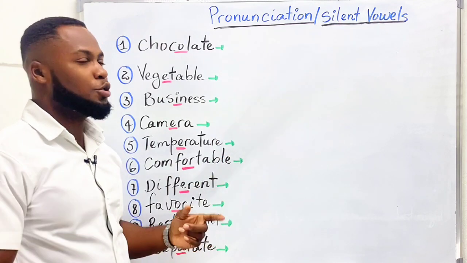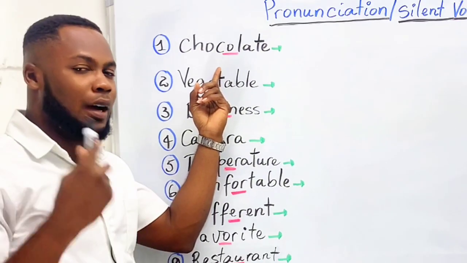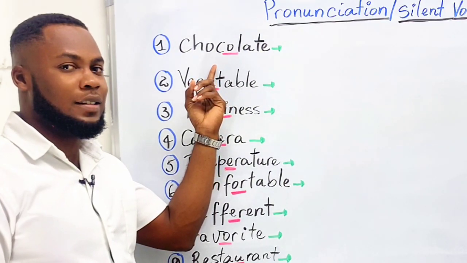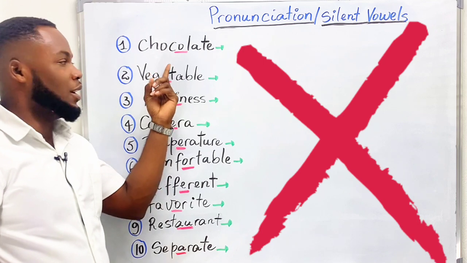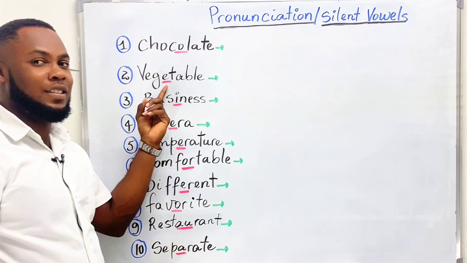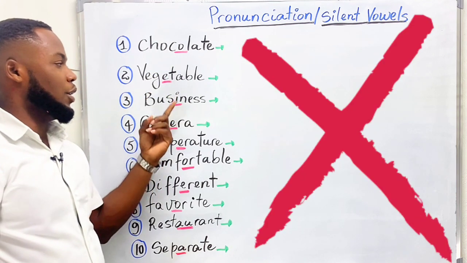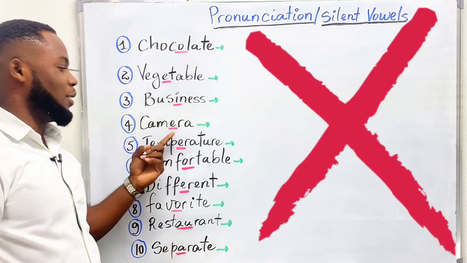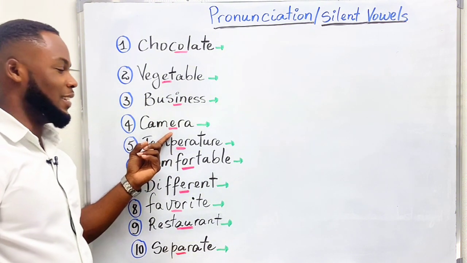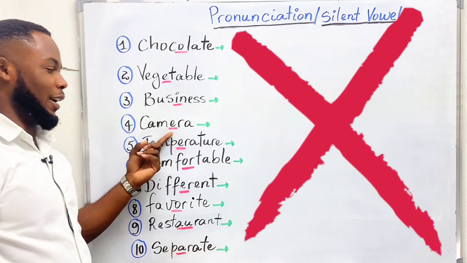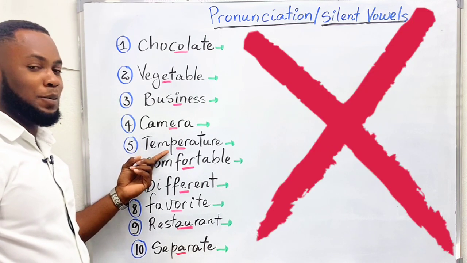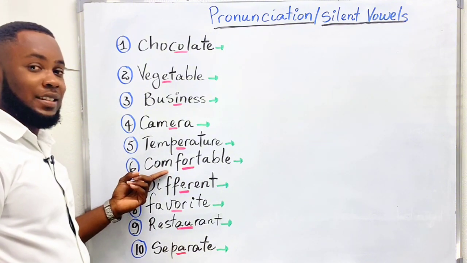Okay? How would you pronounce the first word? I'm listening to you. How would you pronounce the first word? Chocolate. No. What about the second? Vegetable. No. The third one? Business. No. What about the fourth? Camera. No, it's not good. Okay? What about the fifth? Temperature. No. What about the sixth?